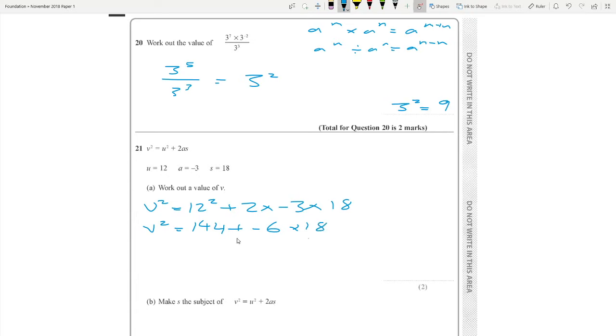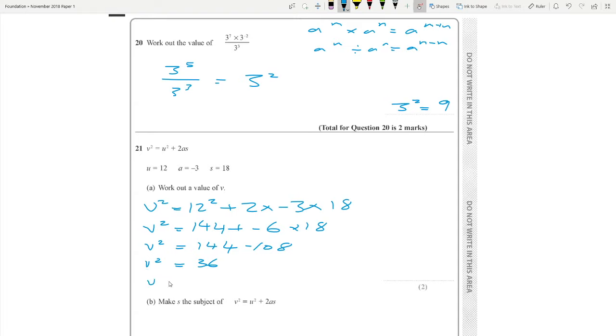Okay, let's work that out. So v squared equals 144 minus 6 times 18. Well, 10 times 6 is 60, 8 times 6 is 48, so 60 add 48 is going to be negative 108. So v squared equals 144 take away 108, which is 36.